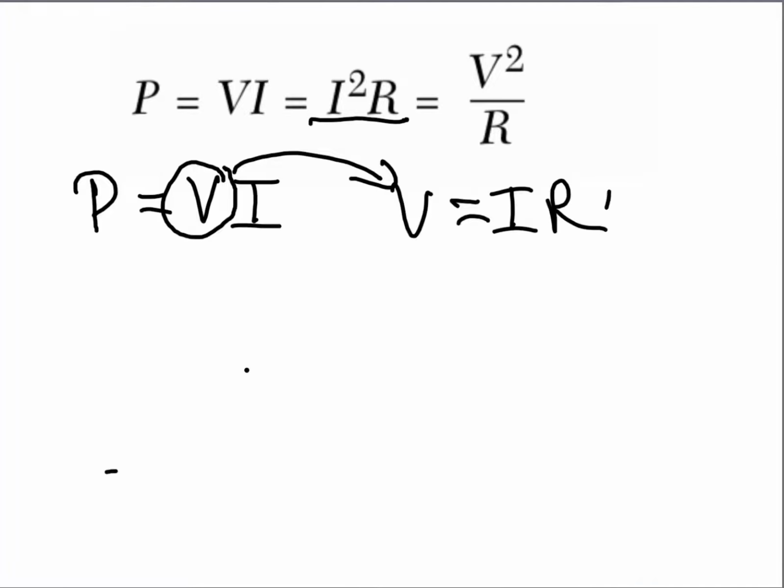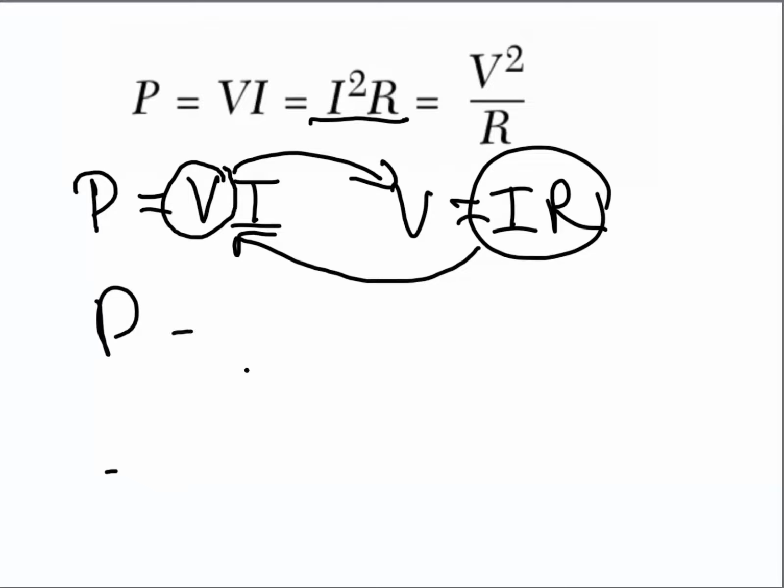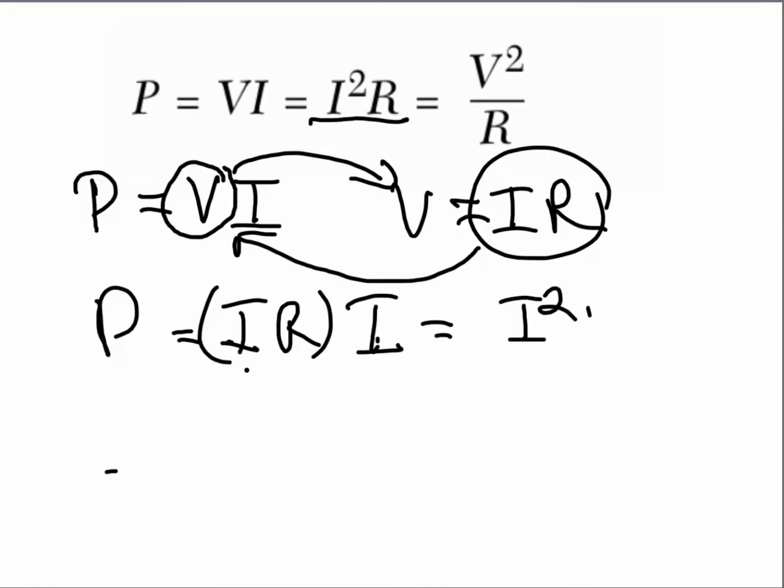So if I take IR and put it in for V, I have P equals I times R times I, which I times I is I squared R, and we have power equals I squared R.